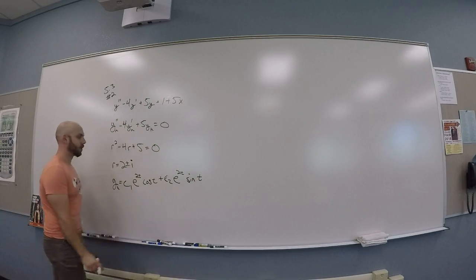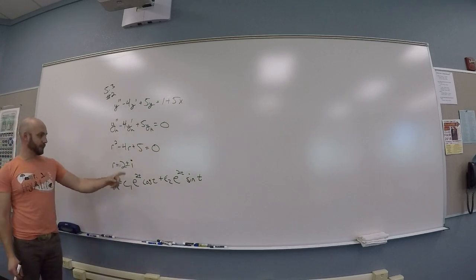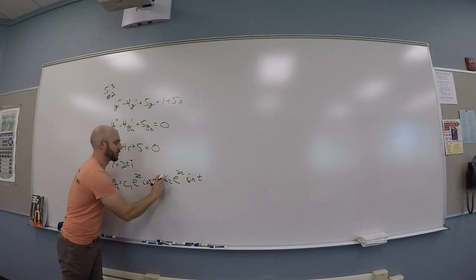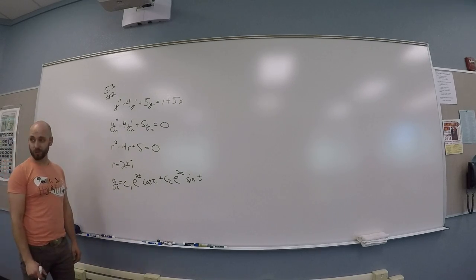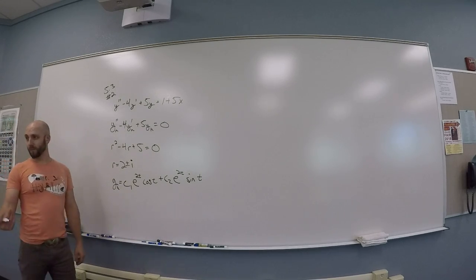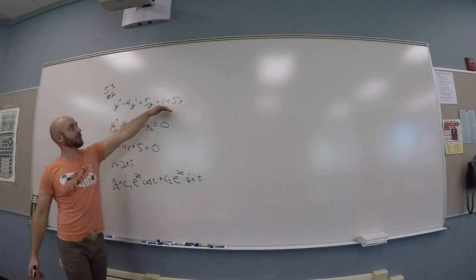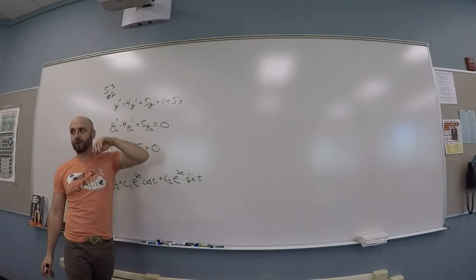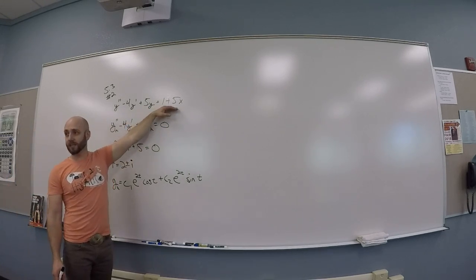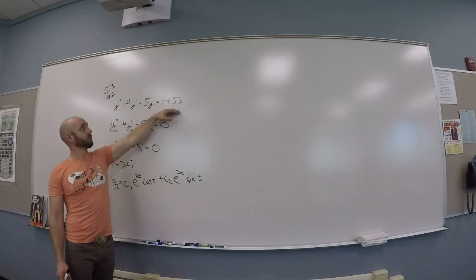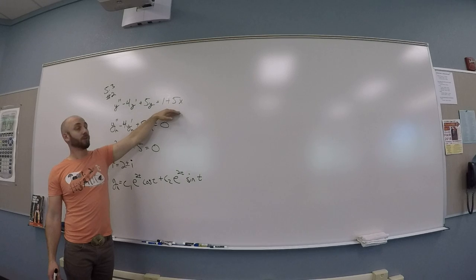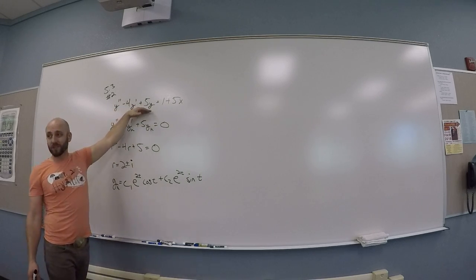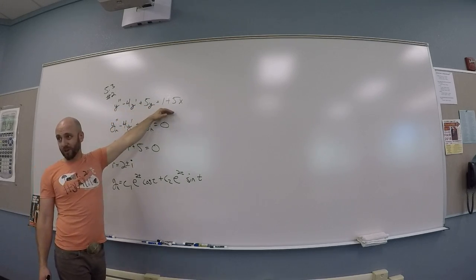Really your y is this thing plus the particular solution, and then you're like, okay, whoa, wait, particular solution? Yeah, so then you look at the right-hand side. All method of undetermined coefficients is: take a look at the right-hand side. Looks like a polynomial, right? First degree? You're going to take some derivatives of something and get a polynomial of first degree.